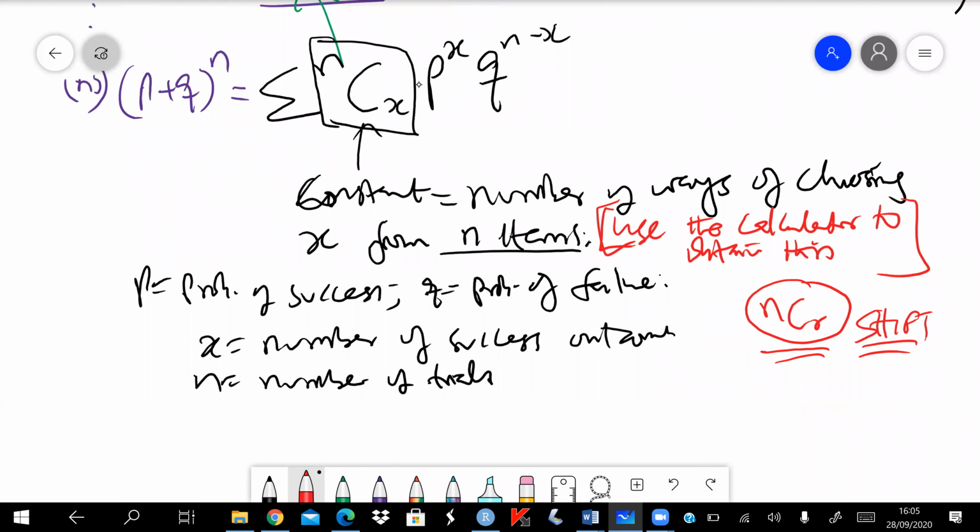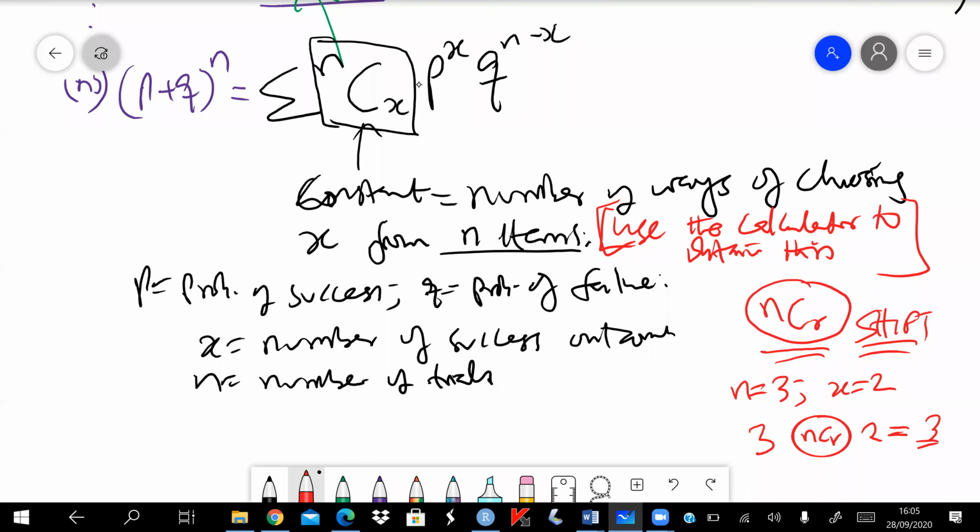For instance, you may want to look for the number of ways of choosing 2 successes out of 3 trials. That means the number of trials is 3 and the number of successes is 2. So you press 3, then you press that function in your calculator, then you press 2 followed by the equal sign.